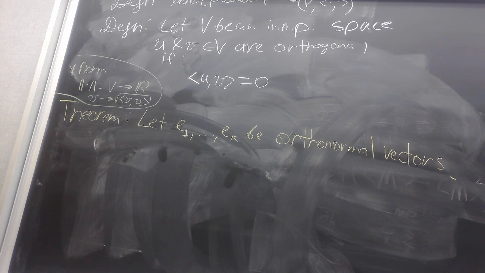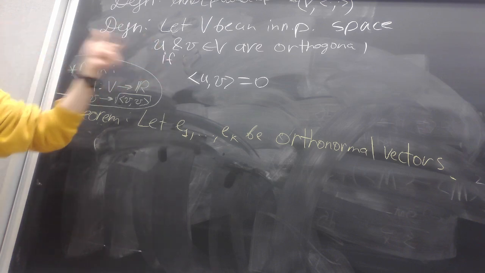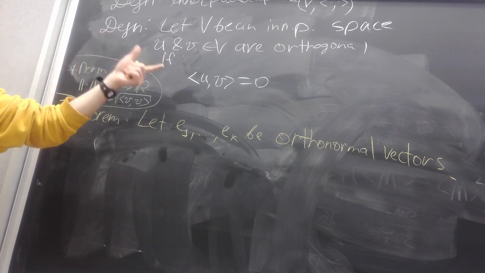You have the triangle inequality, you have positivity, you want it to be 0 if and only if the vector is 0, and you also want to be able to pull out absolute values of factors of lambda. So that's what you usually define a norm to be. But in the case of an inner product space, you have this very convenient norm that comes from the inner product structure, right?